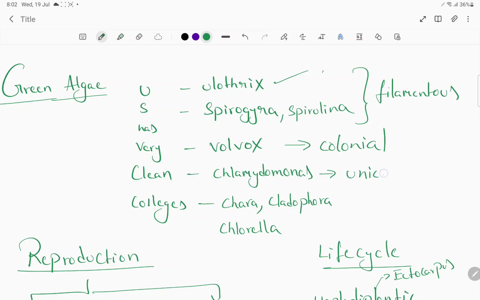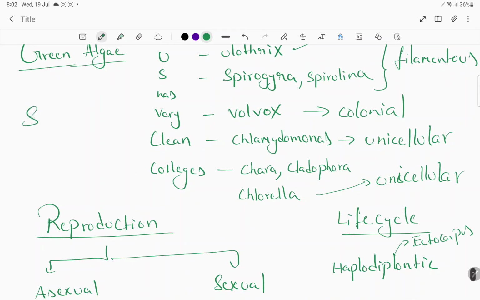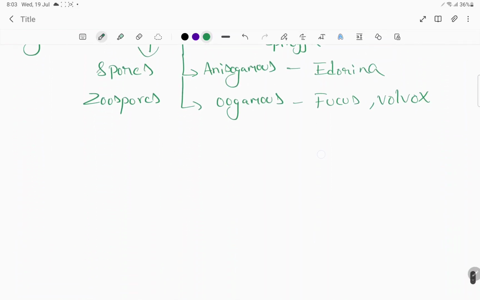Chlamydomonas is unicellular. Chlorella is also unicellular. And this is mainly used by space travelers. Chlorella and Spirulina. Next thing.